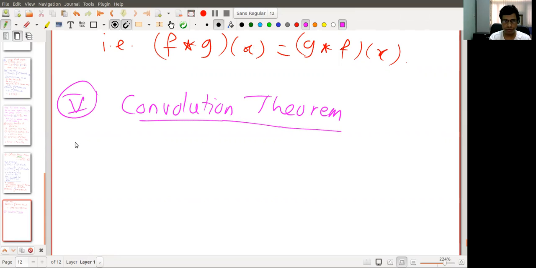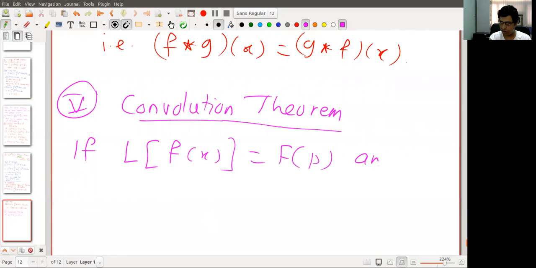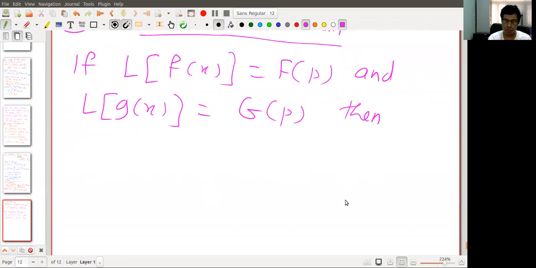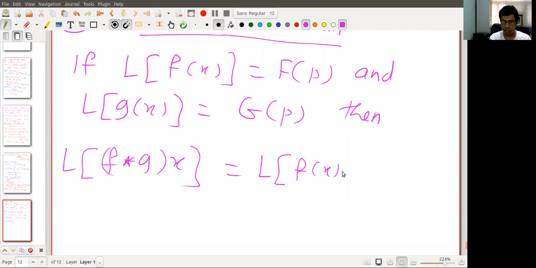The property is, if Laplace transform of f of x is capital F of p and Laplace transform of function g of x is capital G of p, then the Laplace transform of the convolution f star g of x equals Laplace transform of f of x multiplied by Laplace transform of g of x, that is capital F of p multiplied by capital G of p.